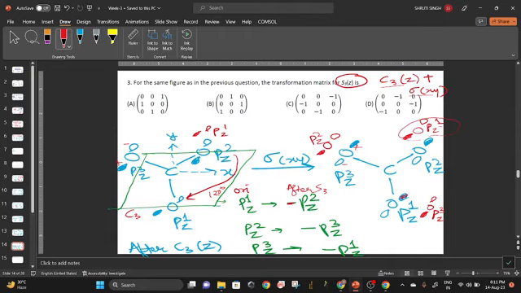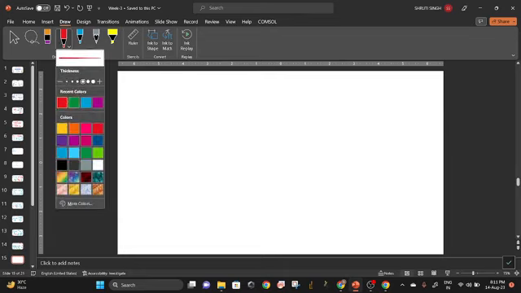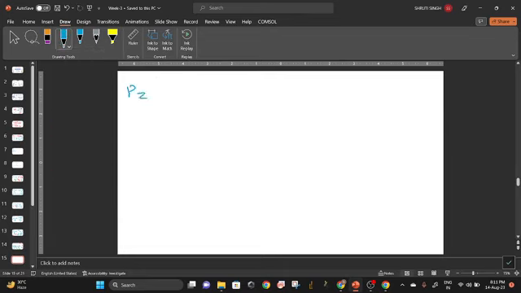So let me write this again. pz1 became pz2 with negative sign, pz2 became pz3 with negative sign, pz3 became pz1 with negative sign.